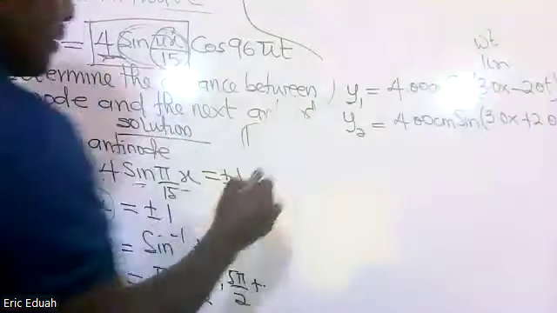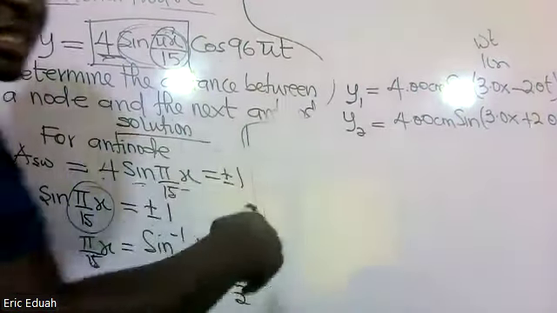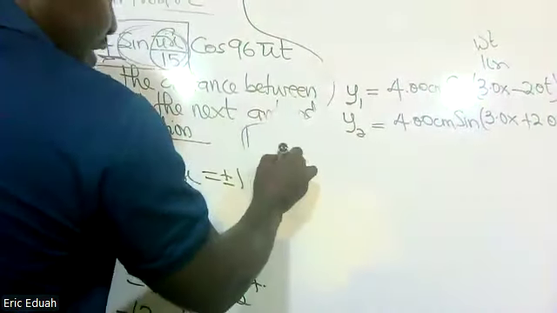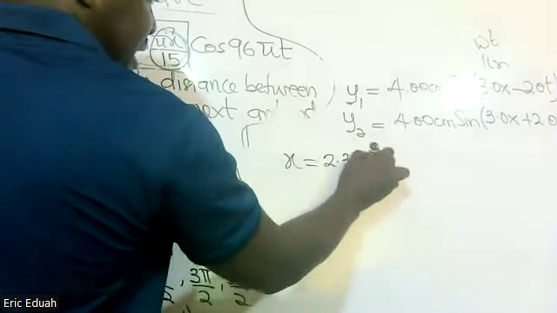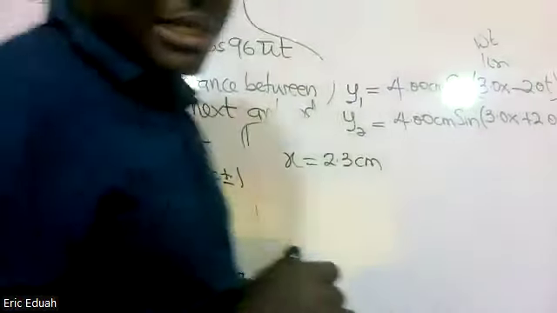So you are to determine the amplitude or the displacement of the particle when x is equal to 2.3 centimeter. That is A.